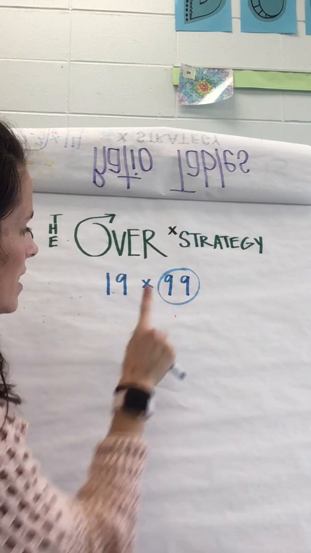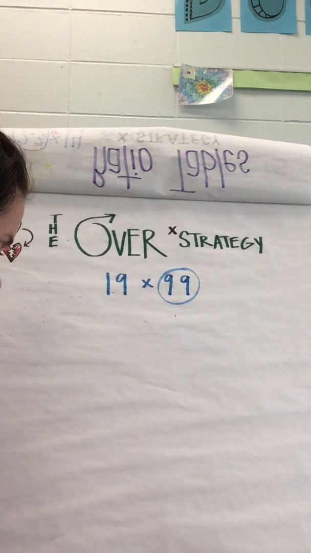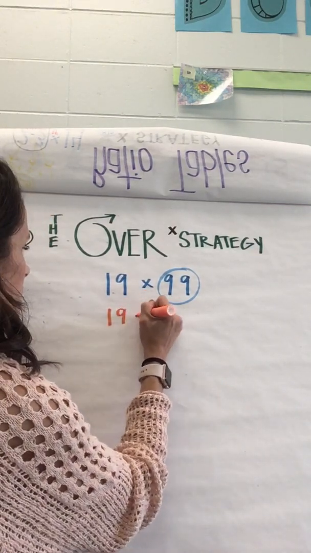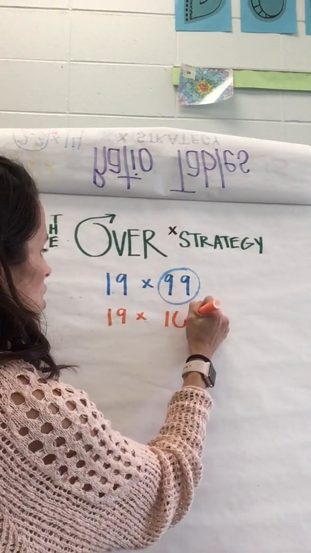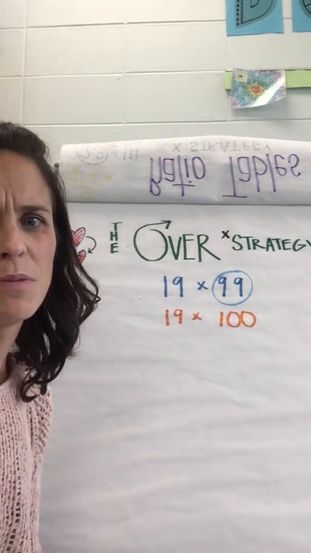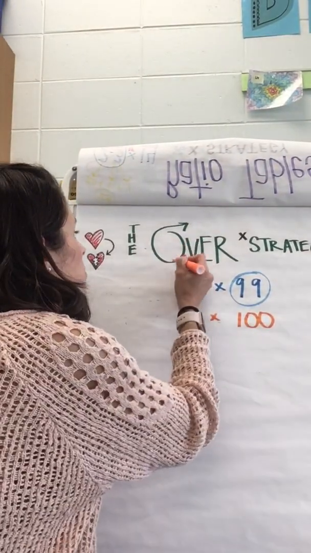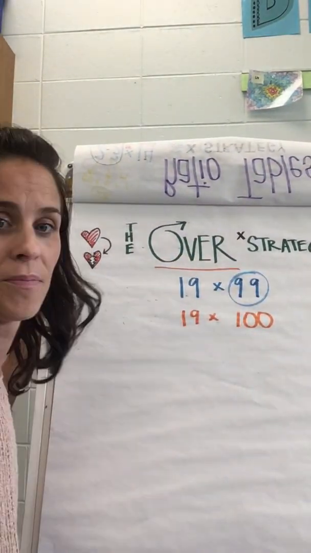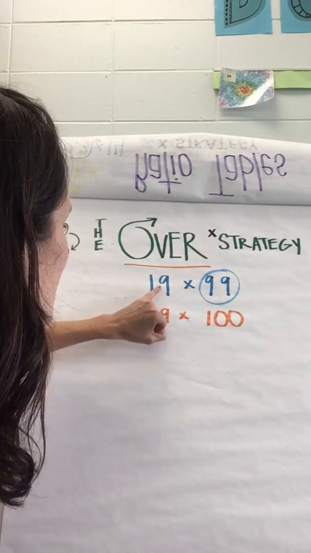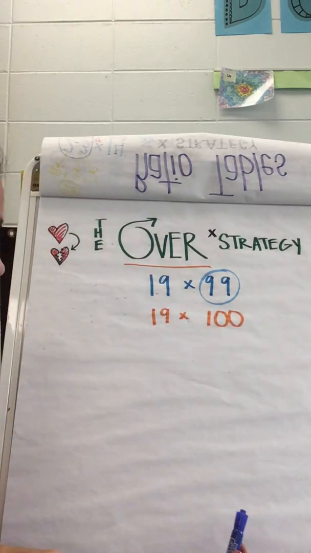And I think about it and I say, if I could just do 19 times 100, it's so close, but it would be so much easier to multiply if I just went a little bit over, okay? And so, in order to do that, 19 times 99, we're going over by 1, okay?